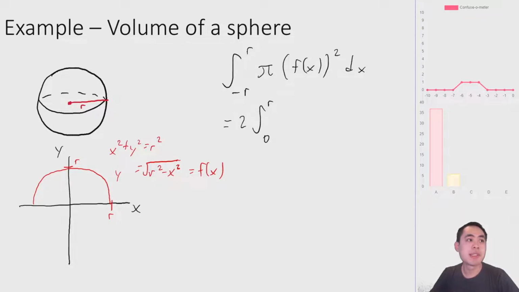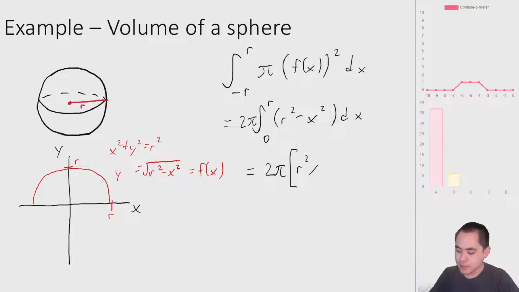And then what was the formula? Pi times f of x squared. So let's move the pi out in front. What was f of x squared? Well, that's just r squared minus x squared, all squared dx. And so therefore, this is equal to 2 pi times, well, what is this integral? This is r squared x minus 1/3 of x cubed from 0 to r.